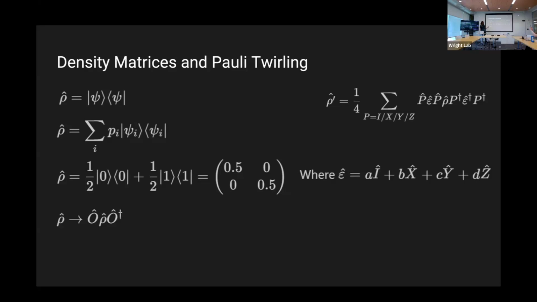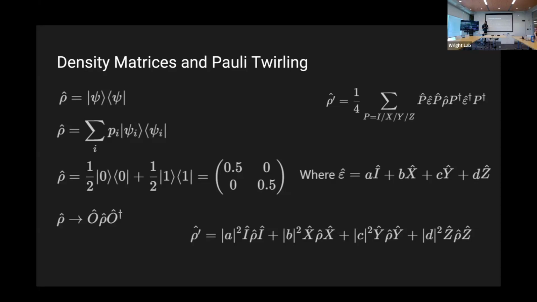If you have your error defined as the potential for applying I, X, Y, or Z, then it can be shown that the channel, or the representation of what gate you choose for each step, the P epsilon P, is the potential where |A|^2, |B|^2, |C|^2 is the probability of choosing the I rho I, where at this point rho has ingrained the error into itself.